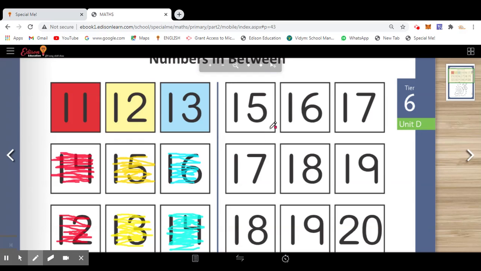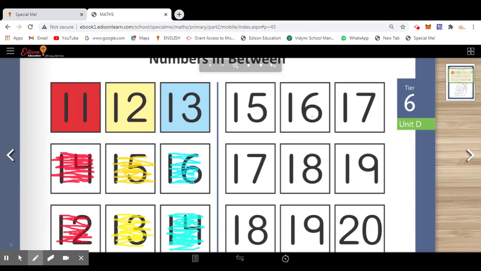Now look at here. Which number is this? This is number 15. Next, this is number 16 and this is number 17. 15, 16 and 17. So 16 comes in between. So here we will fill yellow color.